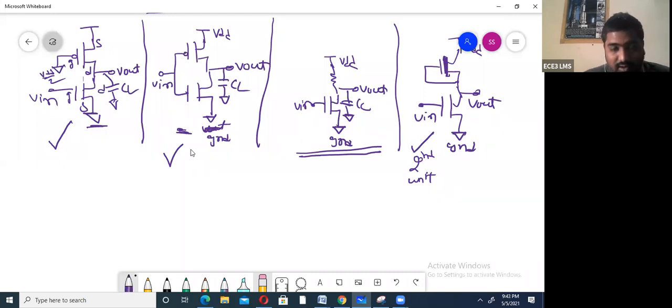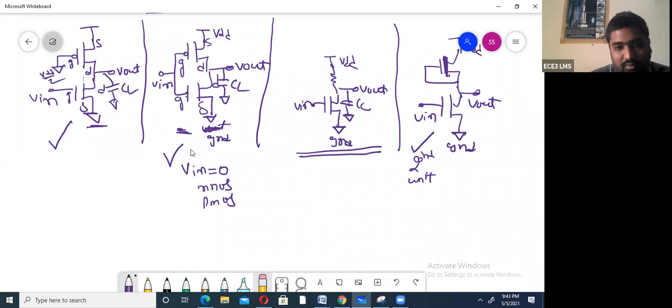So what is the operation of the CMOS inverter here? If they ask to explain the operation of the CMOS inverter in the exam, first you have to draw this diagram. CMOS inverter, this is gate, source, drain, gate, source, drain. After that, you have to explain the operation. When Vin equal to 0, what happens to NMOS, what happens to PMOS?